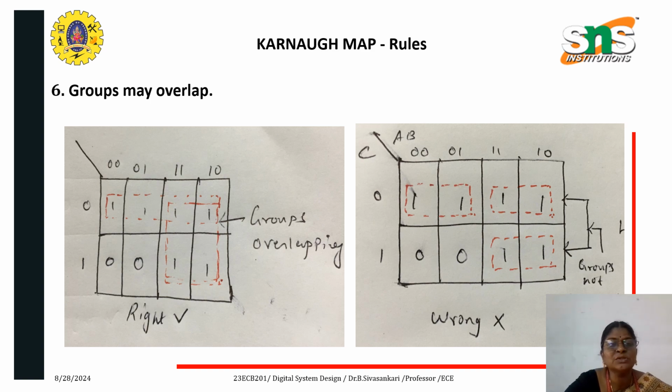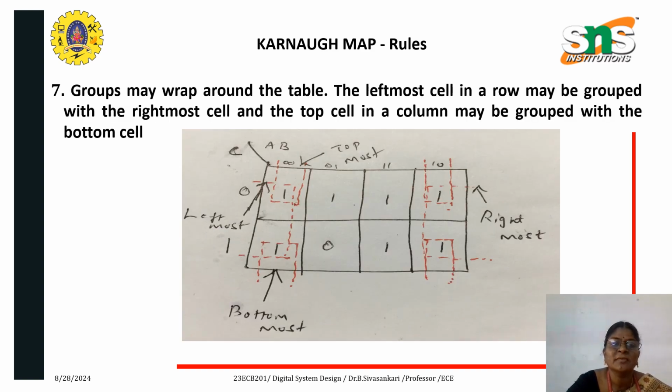And the sixth one is groups may overlap. Instead of having multiple groups, you can overlap and simplify the groups. Like this, in the left hand side you can see groups are overlapped. Instead of having 3 different pairs, we can overlap and reduce 3 groups into 2 groups. And the next one, groups may wrap around the table.